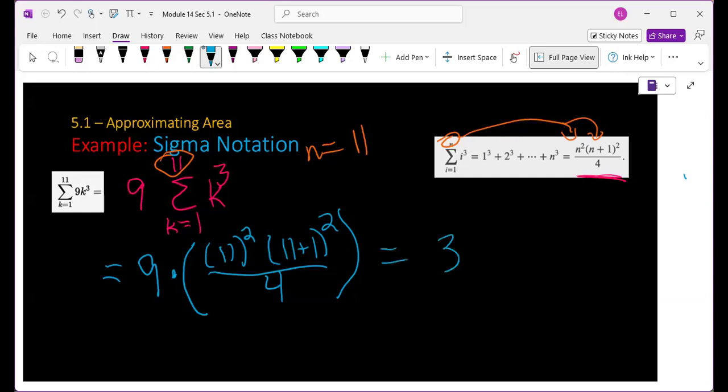And this gives us the very ridiculous 39,204. But if I add the first 11 cubes, I get 4,356.